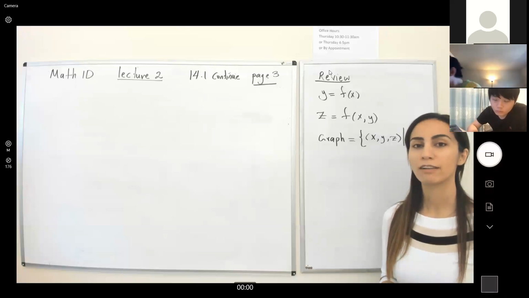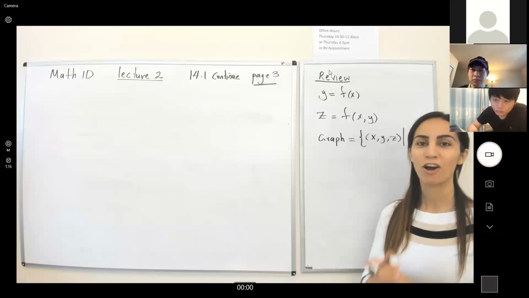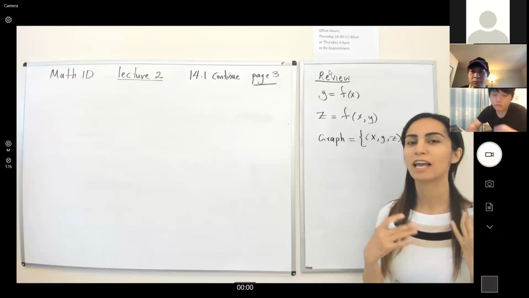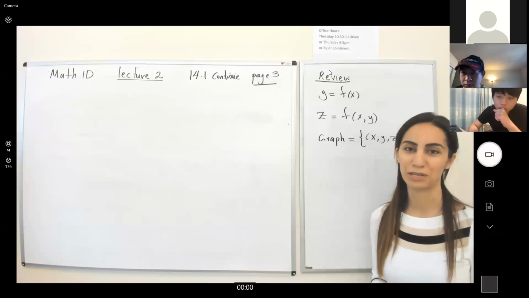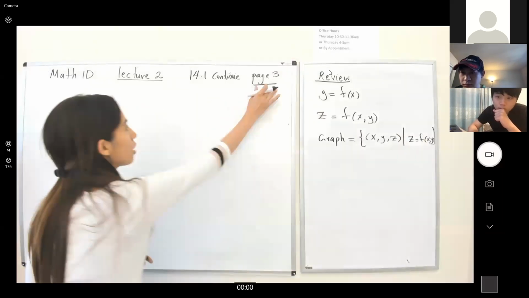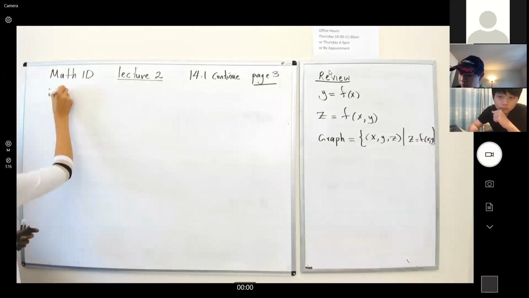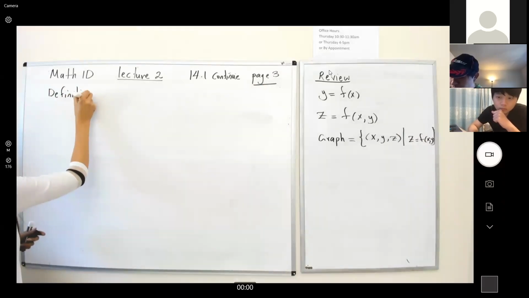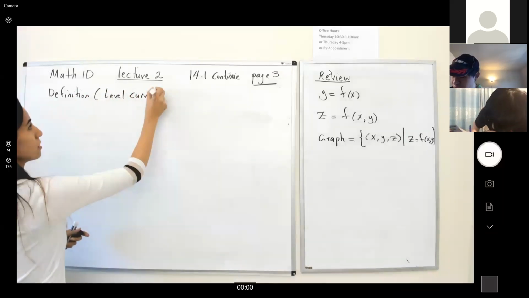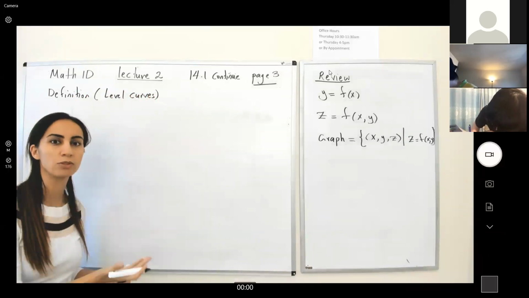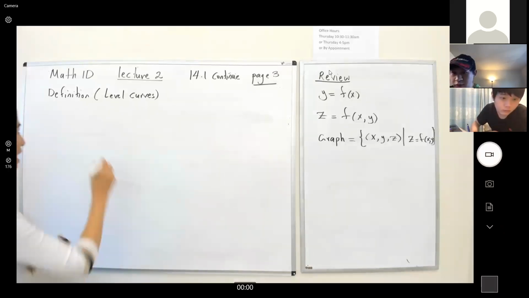What are level curves? Level curves are curves of the graph of a function that help us understand and visualize the graph better. So we are on page 3, the definition of level curve. Since we're not just using one curve, we use a family of curves to visualize the graph.